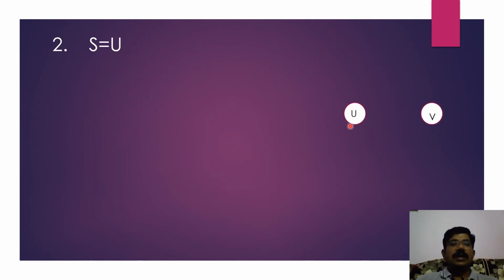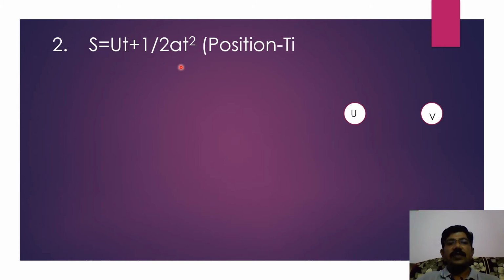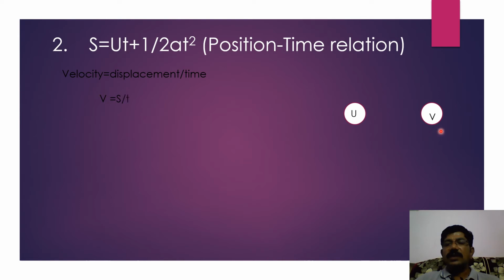Let us derive the second equation of motion, that is s is equal to ut plus half at square. This is also known as the position time relation. Let a body move with an initial velocity u. After some time interval, it attained a final velocity v.